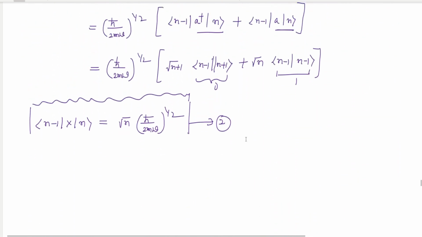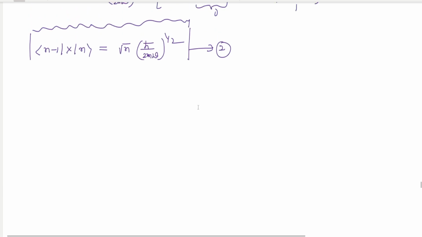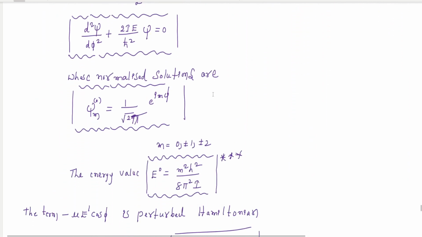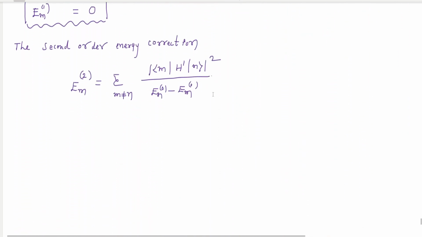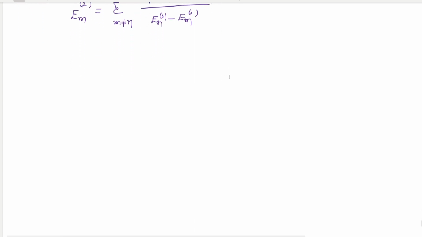Therefore, I'm going to use similar relations here also. So you need to follow the previous class, maybe it will help you a lot.